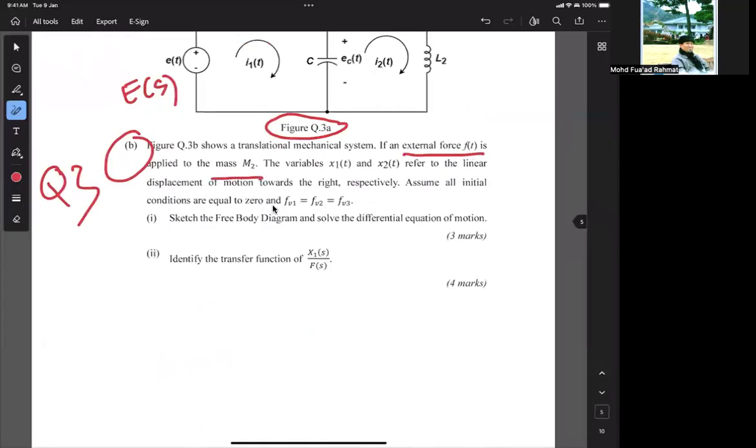So we have variables x1 and x2 as the displacement, motion towards the right respectively, and assume all initial conditions are equal to 0, and damper FV1 equal to FV2 equal to FV3. Sketch the free body diagram and solve the differential equations.